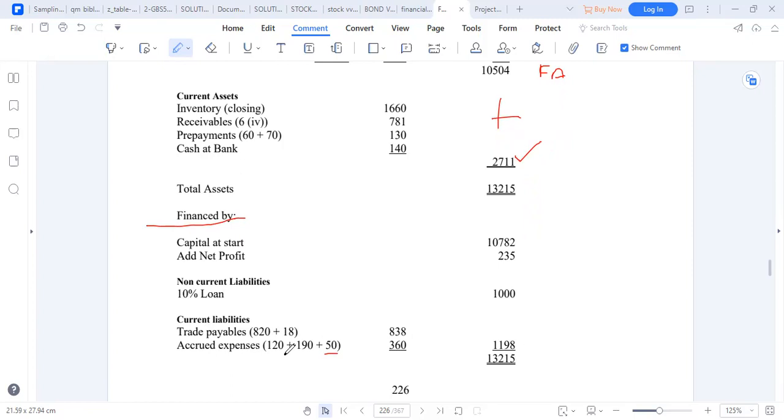The other accrued expenses for salaries, the other accrued expenses that we did not pay for. We add our accruals, trade payables, and we add these two. Our total liabilities are 1198. So this figure should balance up with our sum of capital and liabilities.